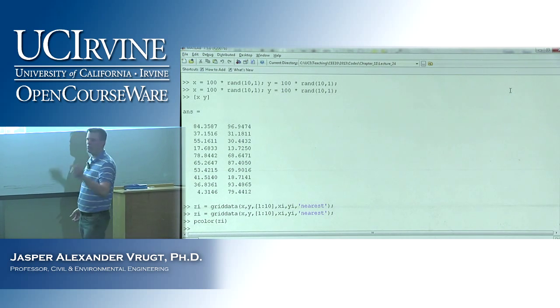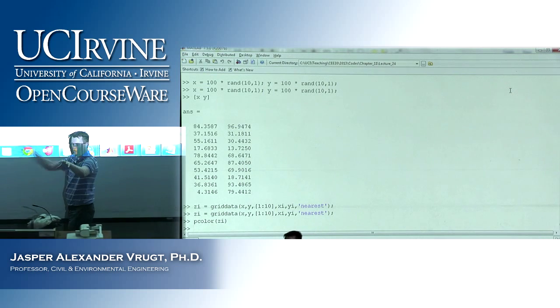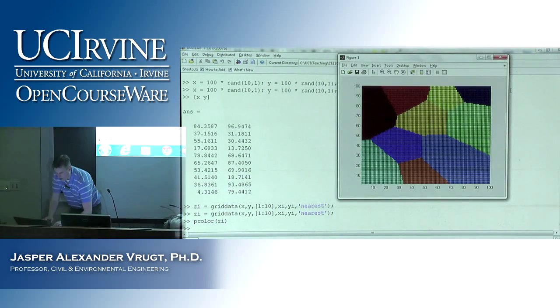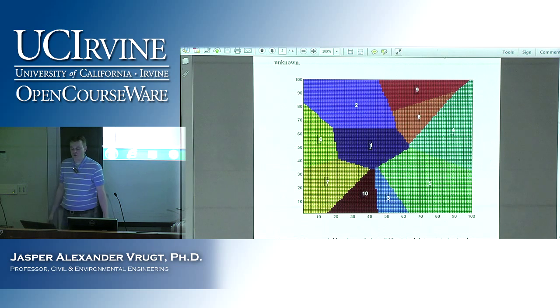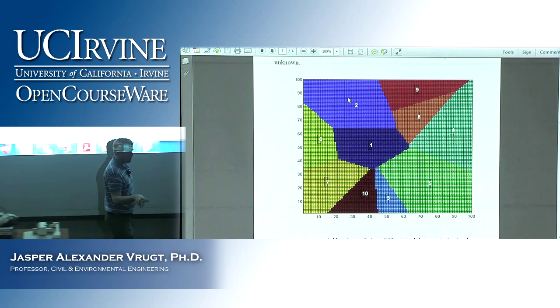And I suggest that you start at the geometric mean of each individual soil type, because soil type 1 is likely going to be somewhere in this area, around 40, 50. It's going to be a good initial guess for 1. For 2, a good guess might be 30, 85. So start with a well-educated initial guess.